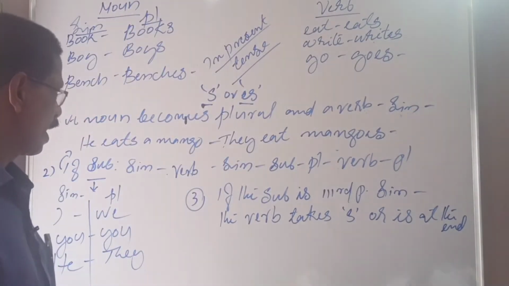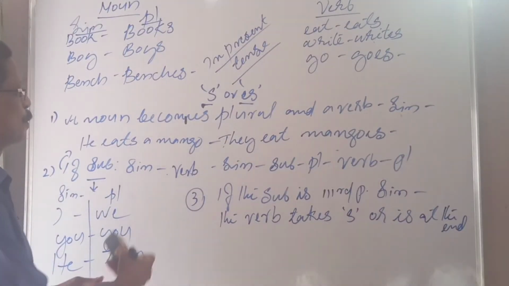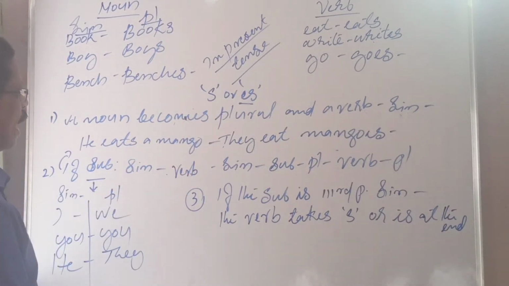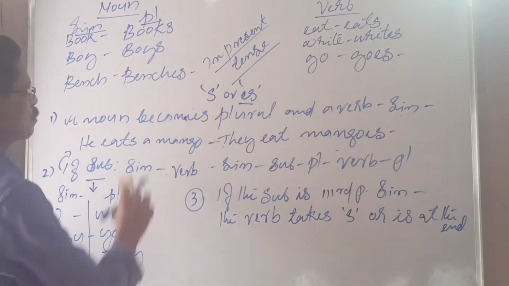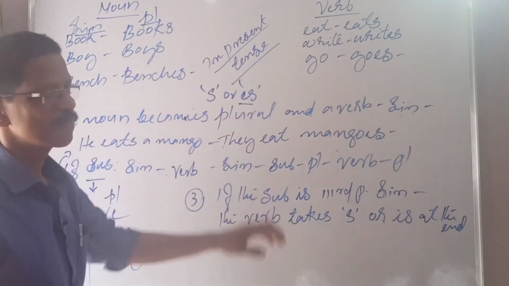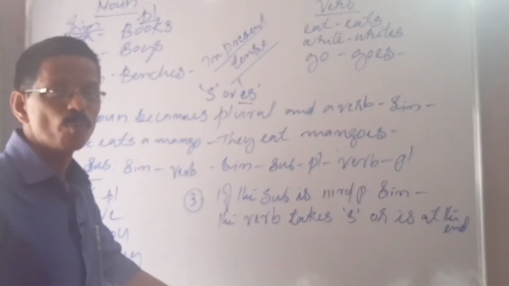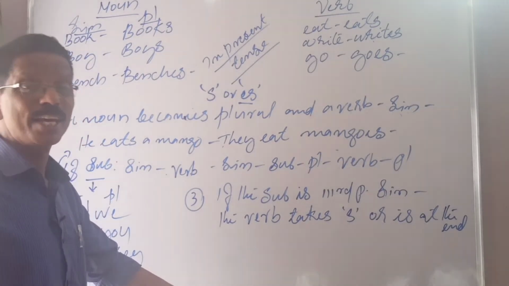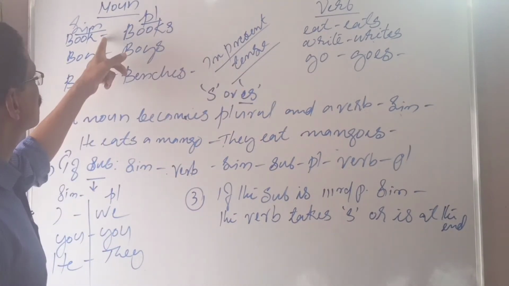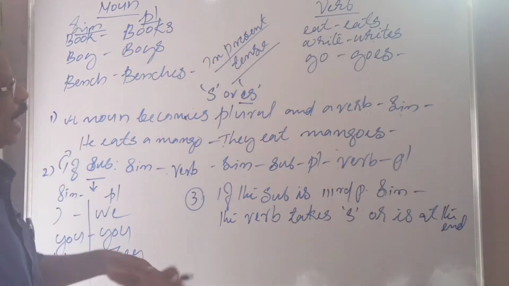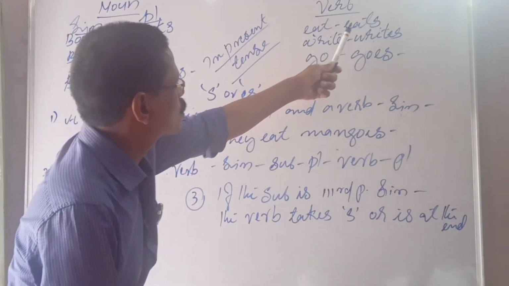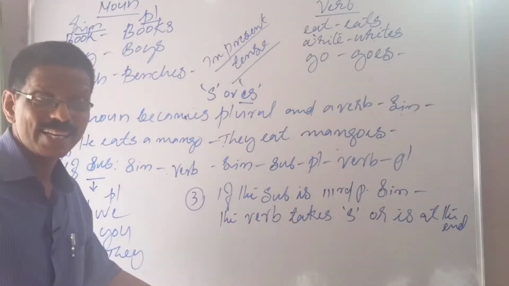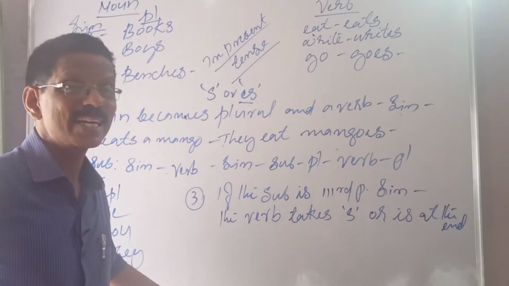See that a noun becomes what? Plural. A noun becomes plural and a verb becomes singular when s or es is added to it.